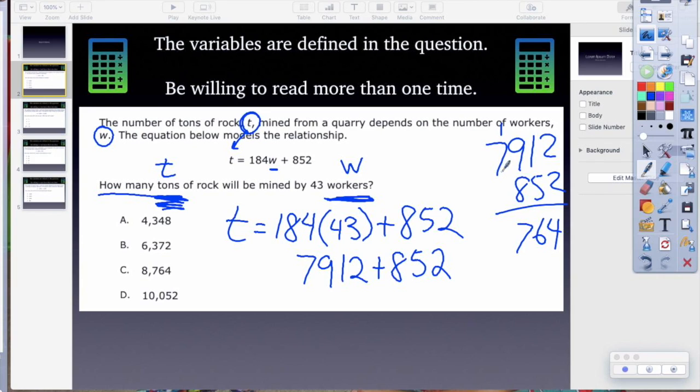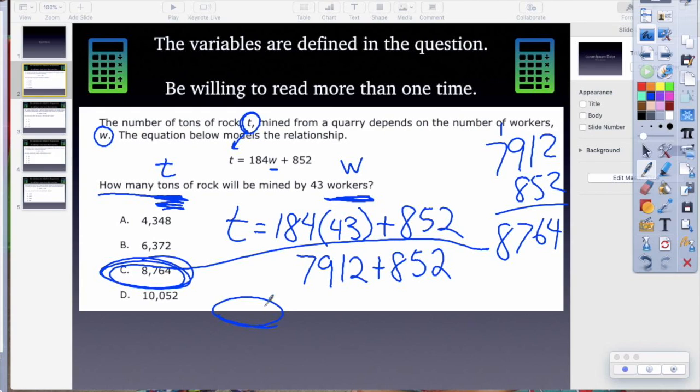If it doesn't match one of those choices, see if it says closest to or anything like that. But in this case, it matches 8,764 exactly. And I'm drawing a cake, like a birthday cake, because that is, I hope you agree, a piece of cake.